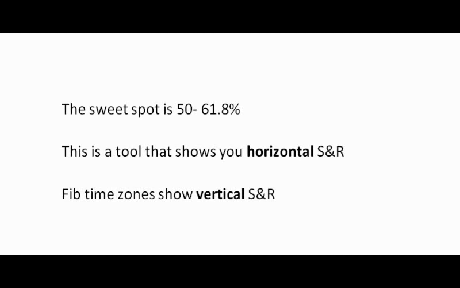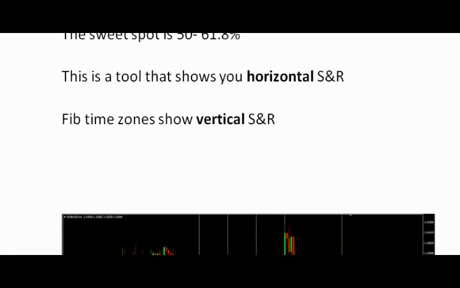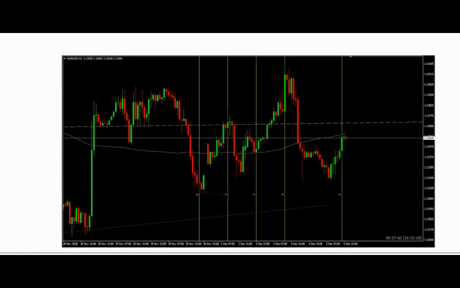Okay, so that's the Fibonacci. Another Fibonacci tool is the one that helps us find vertical support and resistance, and it works like this. This is the Fibonacci time zone. You find a low, and then you find a high, or you can find two lows or two highs.